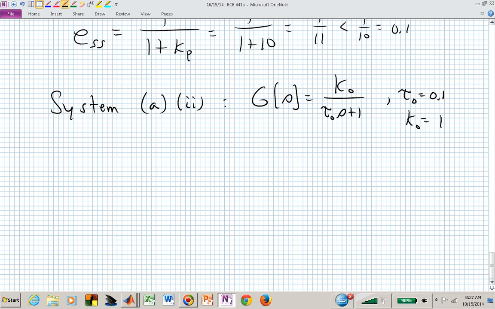We haven't even defined type, but we will start referring to systems as having a type based on how many poles they have at the origin, how many pure integrators they have. This does not have a pole at the origin. It doesn't have an s factor sitting out by itself in the denominator, does it?